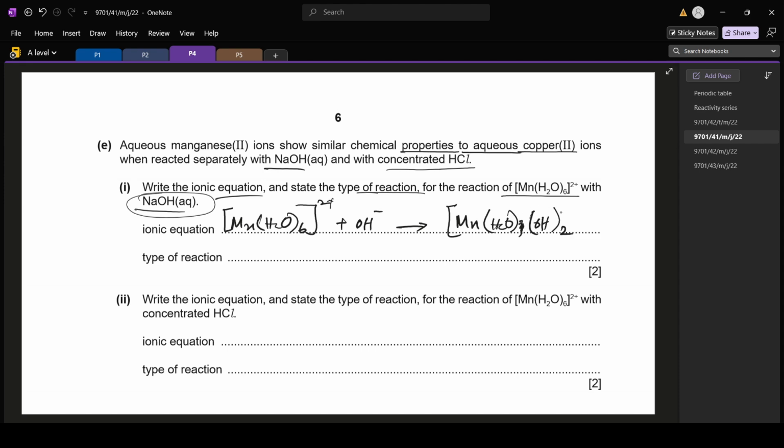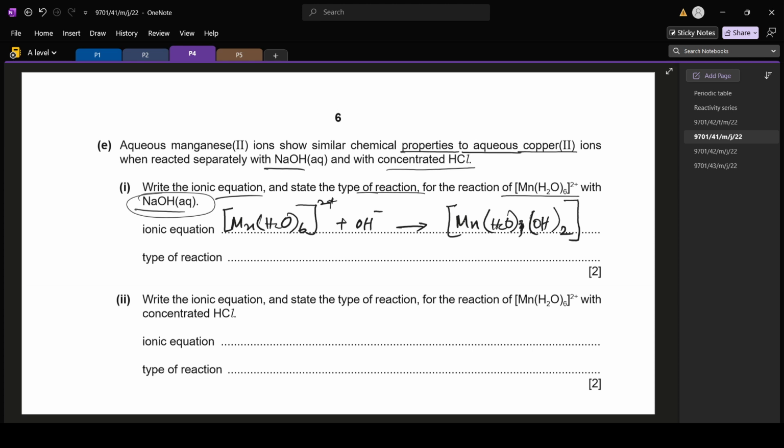So this will form a manganese complex like this, and it will have no overall charge because hydroxide has a charge of -1, and there are two hydroxides, so this will have a charge of -2 overall, there is no charge on water, and manganese has a charge of 2+ in this complex.